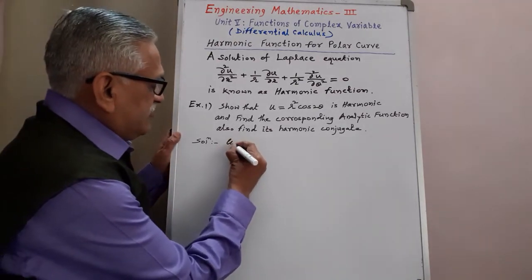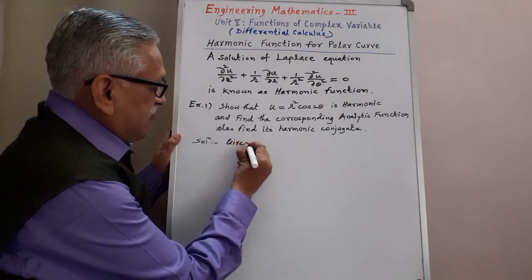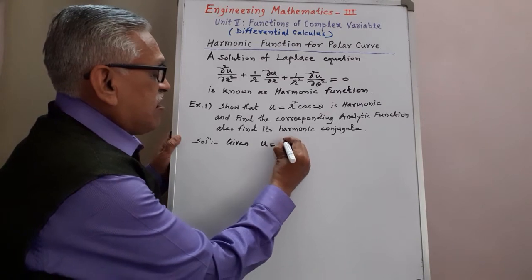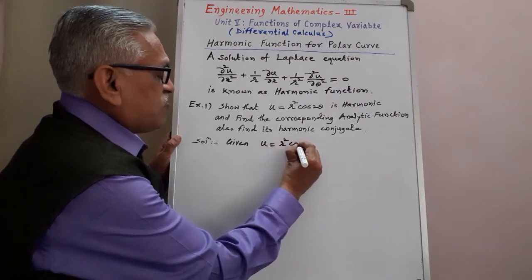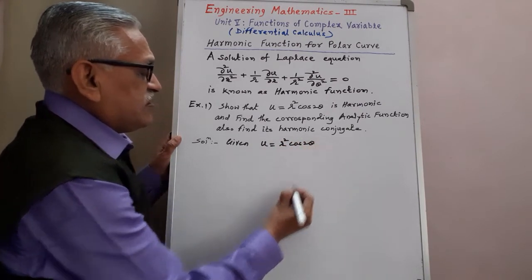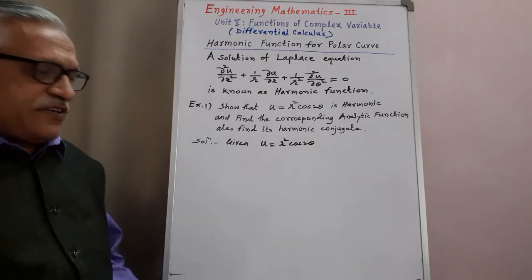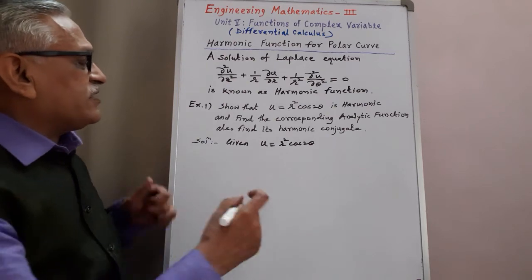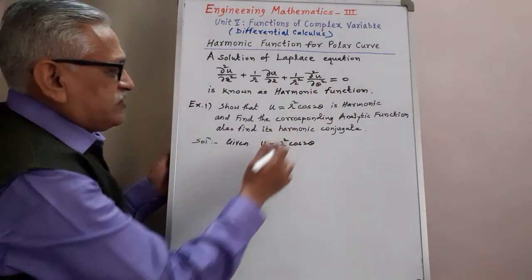Here it is given u = r² cos 2θ. It is a function of r and θ. As it is a function of r and θ, we try to find all these derivatives.